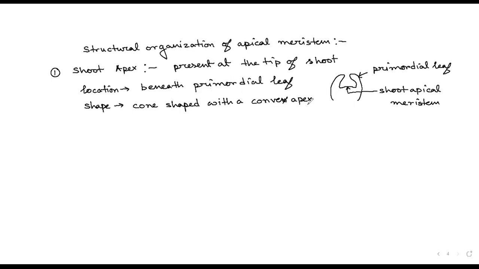There are various theories to describe the structural organization of apical meristematic tissue, that is shoot apex. The first theory is called histogen theory. Why do they require theories? Theory will tell you how they look and how they are organizing themselves. This theory was proposed by Hanstein in the year 1870.